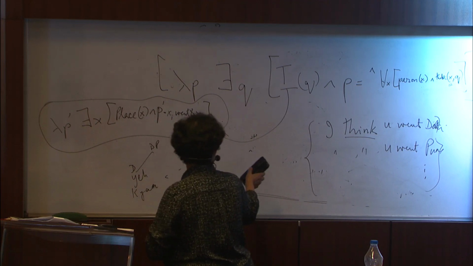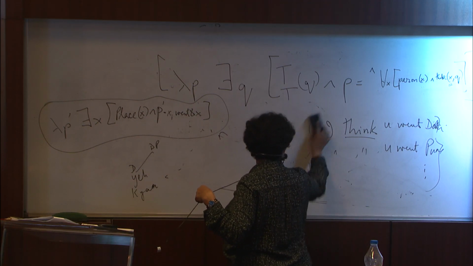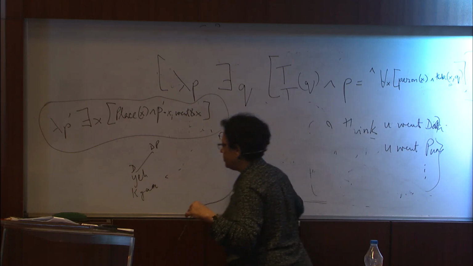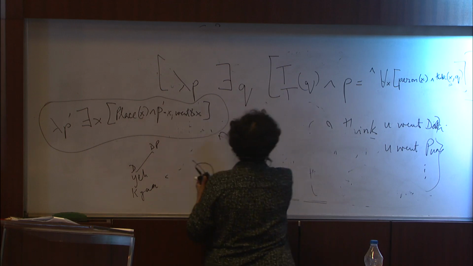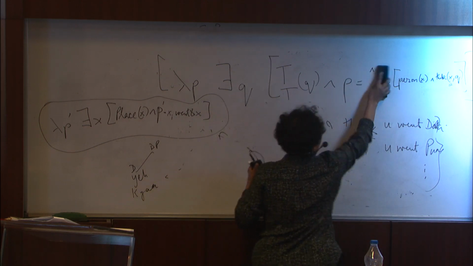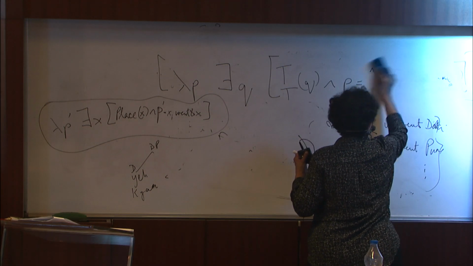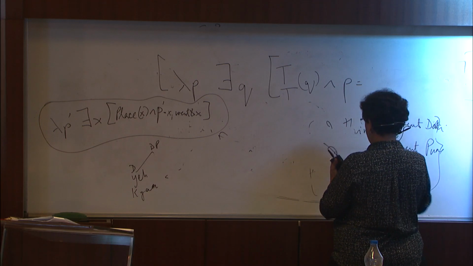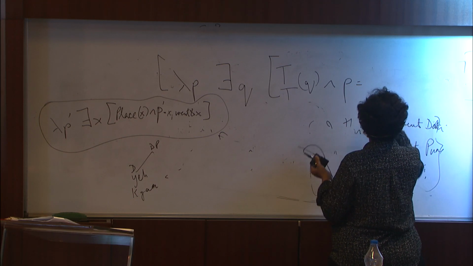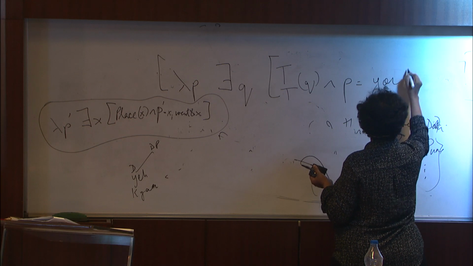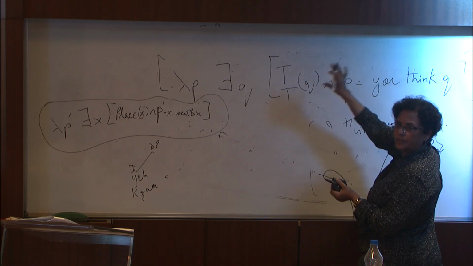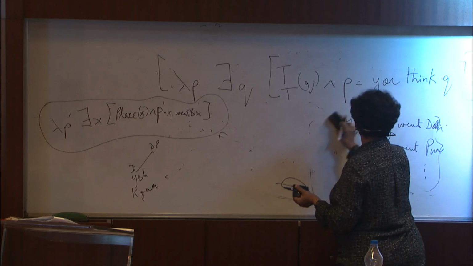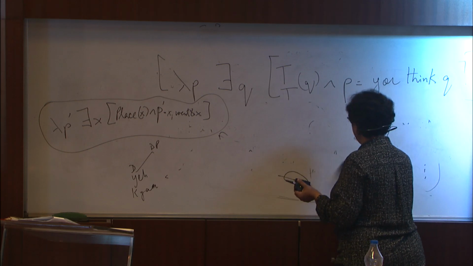So just to spell this out, all of the action is here, right? This stays the same. P equals you think Q, right? This part, nothing changes. All you need is, when will she come?